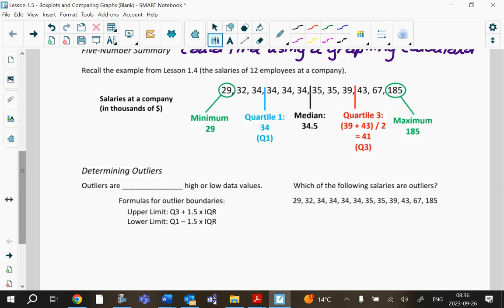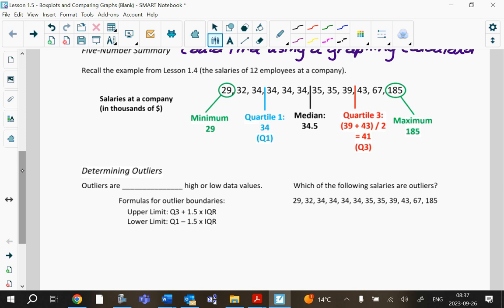And so what we can do is use some of these numbers to calculate whether certain values are outliers or not. Just looking at all these numbers, which values might be outliers? 185, because it's a lot bigger than the rest of them.